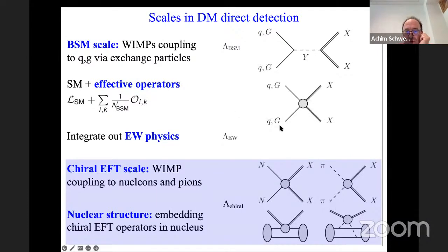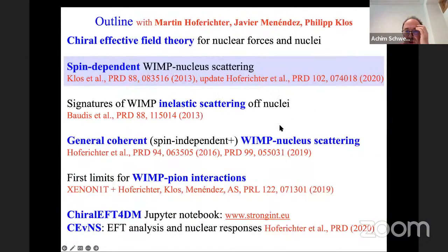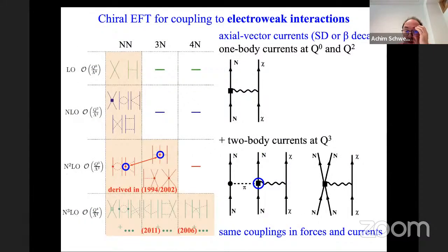So let me go to maybe a slide earlier. There have been calculations using these ab initio methods for double beta decay nuclei. The best studied case is not too experimentally relevant, which is calcium-48.